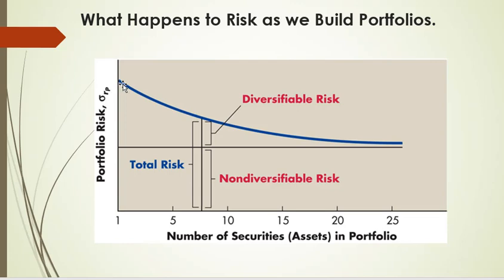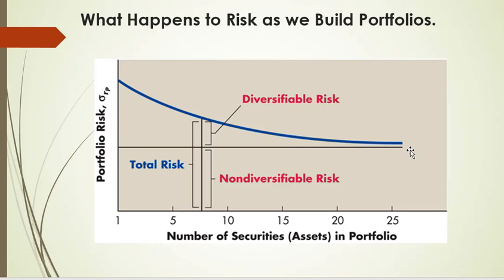And what they found out is, when they added 2 stocks, risk went down. As they added more and more stocks, risk continued to fall. The reason this is going down is because diversifiable risk is being eliminated. The non-diversifiable risk, the market risk, is fixed. It doesn't change. So as we decline, it gets to a point where adding more stocks does not dramatically decrease the riskiness in a portfolio.